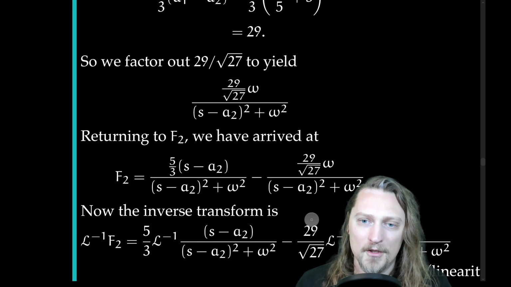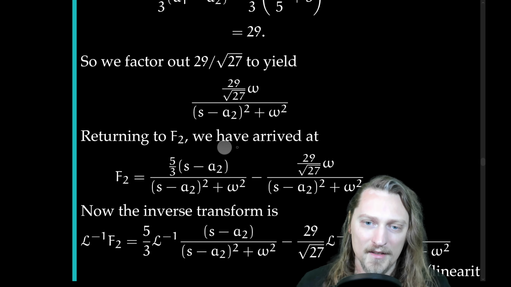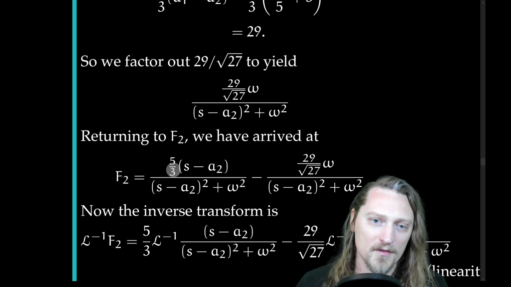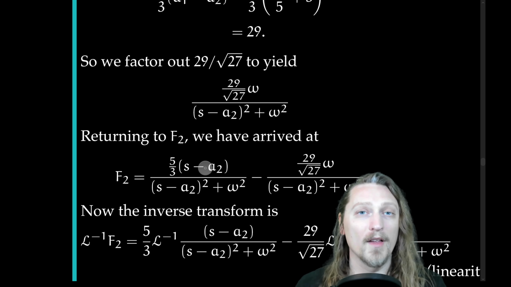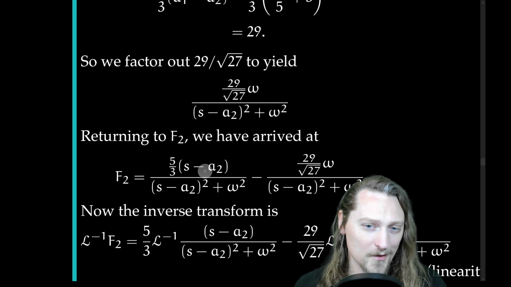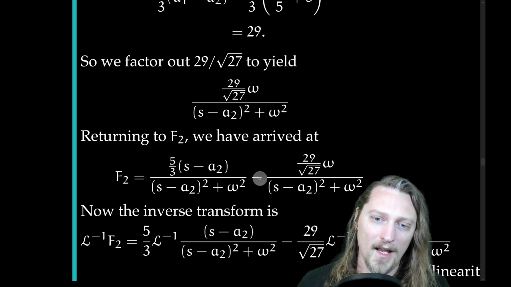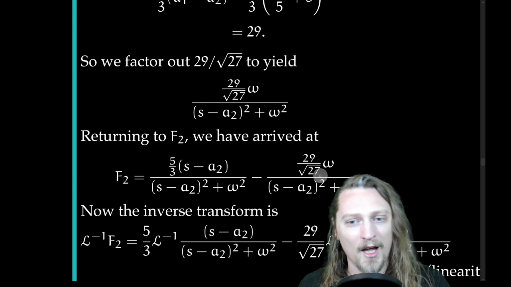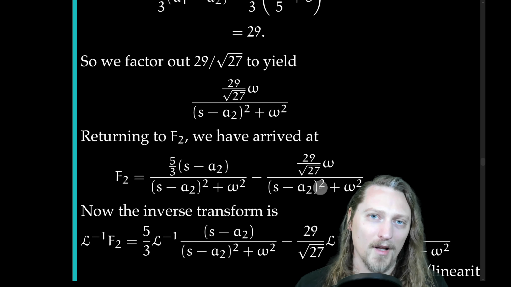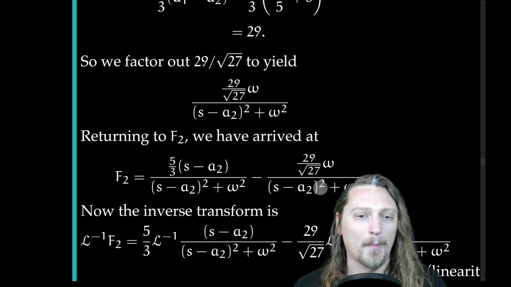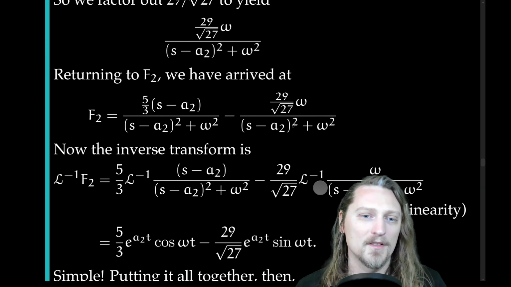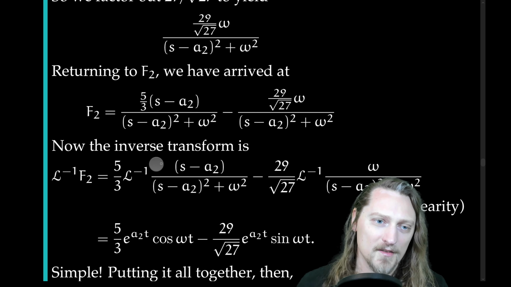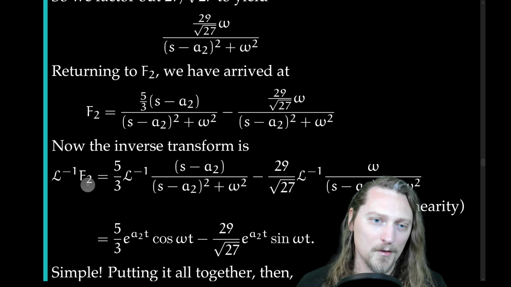So returning to F2, we have arrived at this expression. We have a 5/3 factor multiplying something that is in the Laplace transform table, and we have negative 29 over the square root of 27 times something that is in the Laplace transform table. So now we can apply linearity so that we take the inverse Laplace transform of F2.